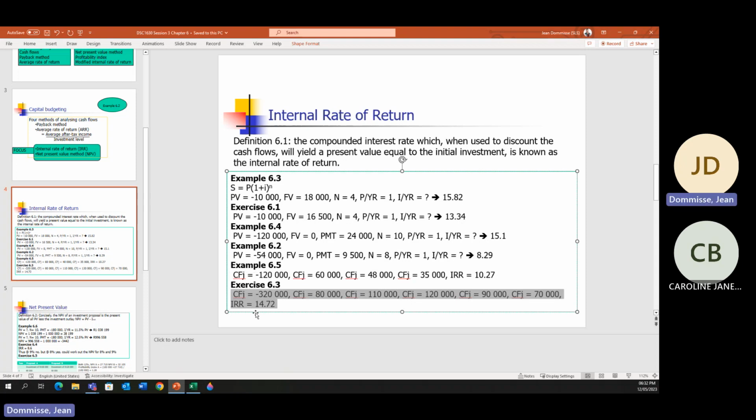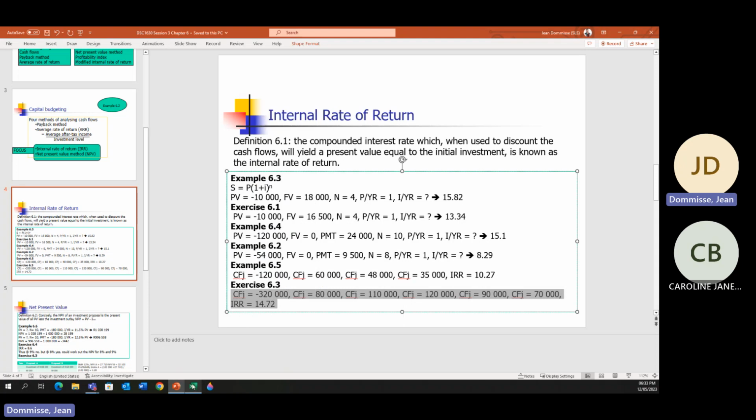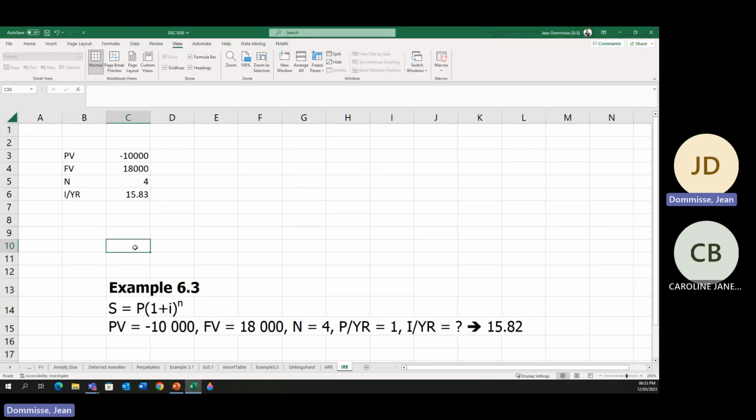I will not be defeated by Excel, so it might even be that we look at exercise 6.3, and if one puts in those numbers, that is the last one to try, else we will use the calculator again.